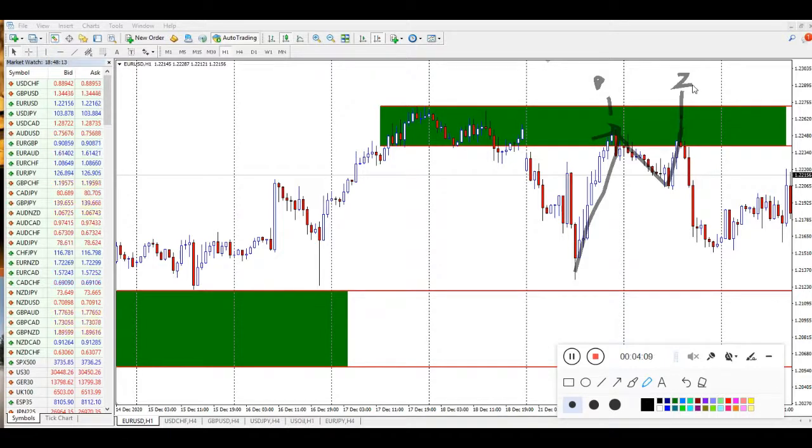That's one of the things I want you to take out of this video. If you want to trade double bottoms, double tops, head and shoulders, trade them from an area of supply. That's what I wanted to highlight.